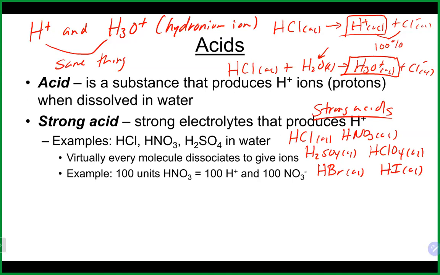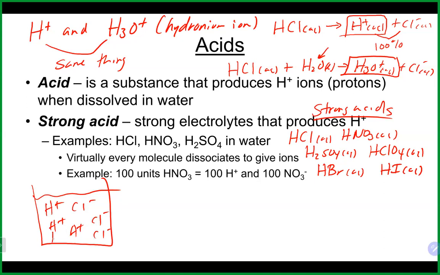And they're all strong electrolytes because, again, when a strong electrolyte goes into solution, as we talked about, it's going to just 100% break apart into ions. So you have no HCl units still in that solution. If you had a beaker of hydrochloric acid floating around, you would have nothing but H+ and Cl- in that solution.